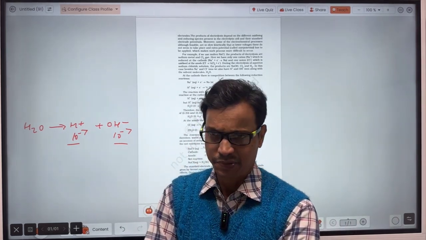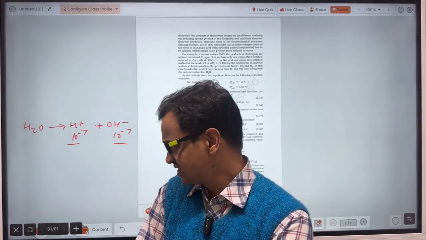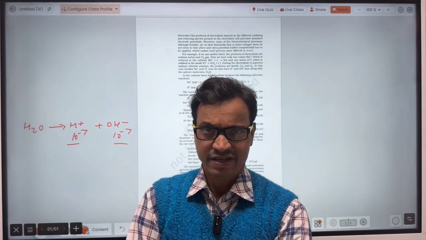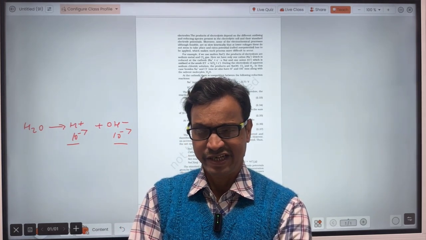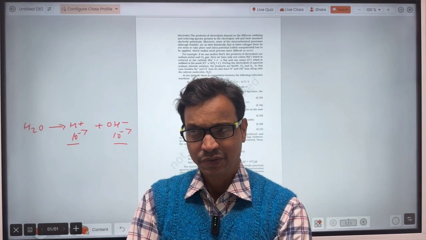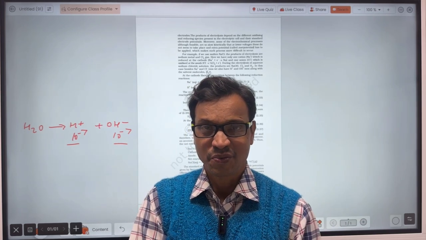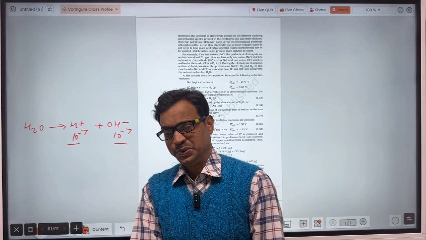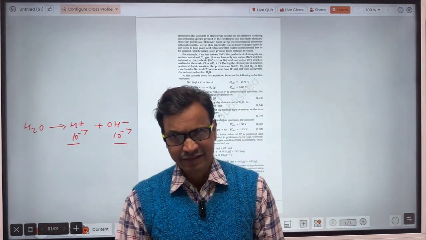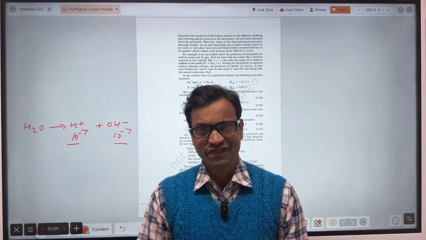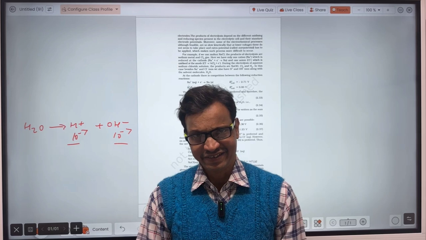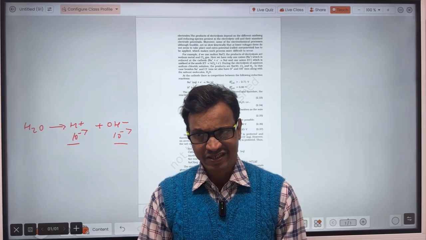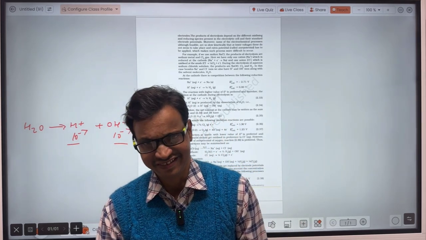So, when we do electrolysis of water, a small amount of electrolyte is added to make the water a good conductor of electricity.